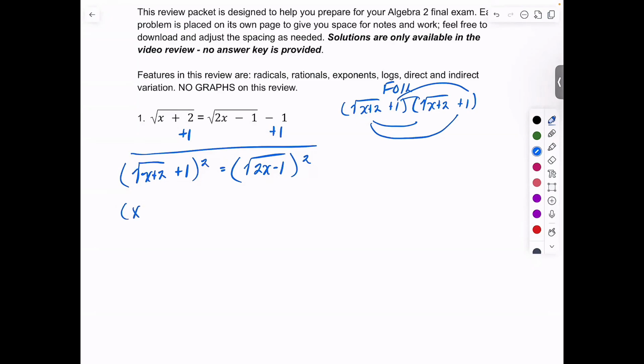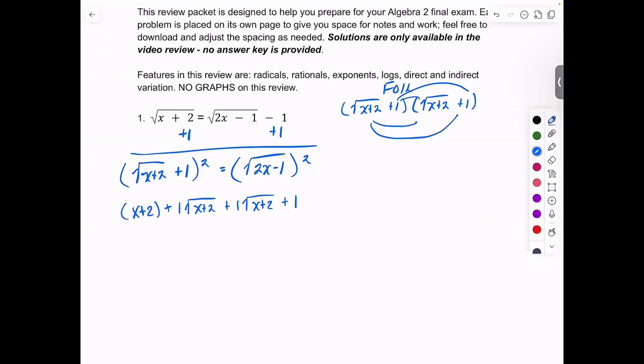So we'll start off with x plus 2, because the square root of x plus 2 times the square root of x plus 2 is x plus 2. Then we end up with a middle term. We actually have 2 of those square root x plus 2's that we add together in the middle, and then we have our plus 1.